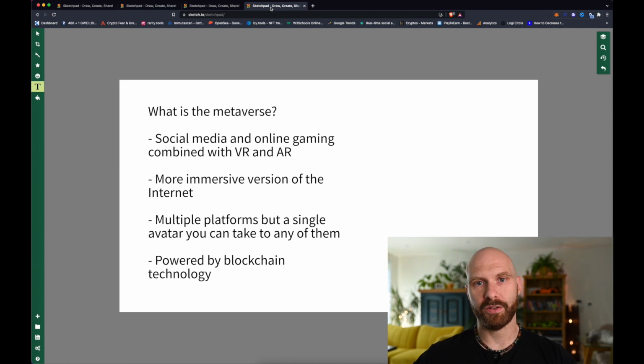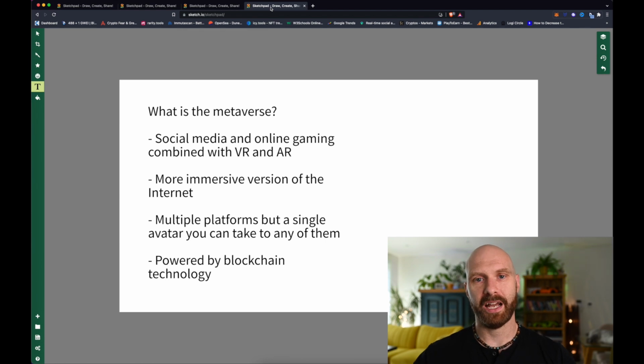It's not necessarily just sitting with a VR headset all the time and being permanently connected to the computer, but it's more like various online platforms, either games or social media or work collaboration platforms, where you can move from one platform to another with just one avatar, which of course you can customize whenever you want.